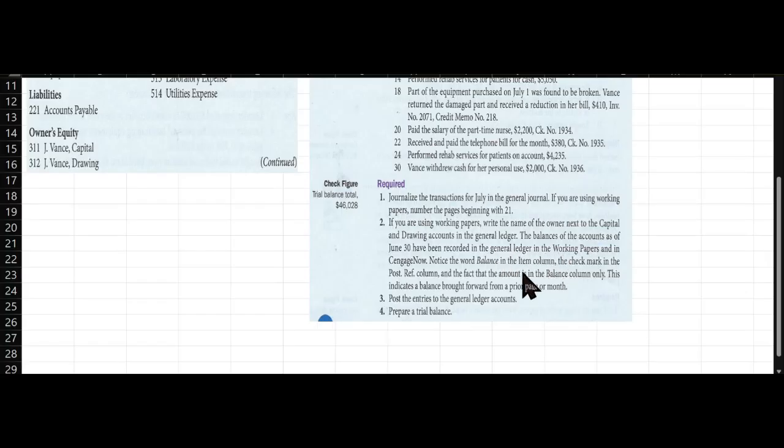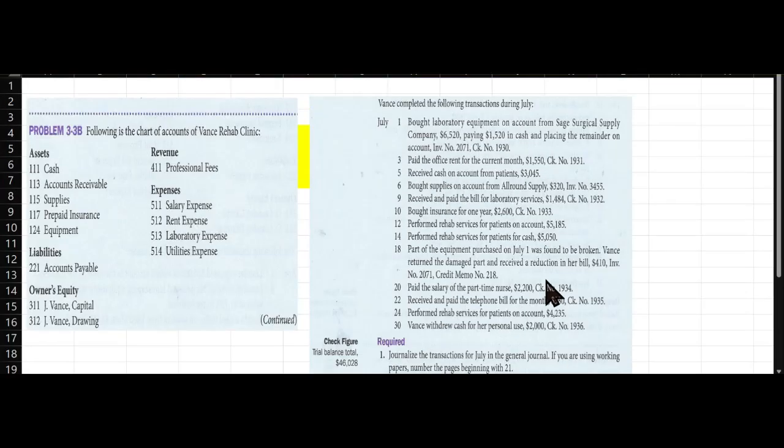And so when we get to the ledger, you will see that those beginning balances were already recorded for you in the ledger. But we're going to post after we have journalized each of these transactions for the month of July.